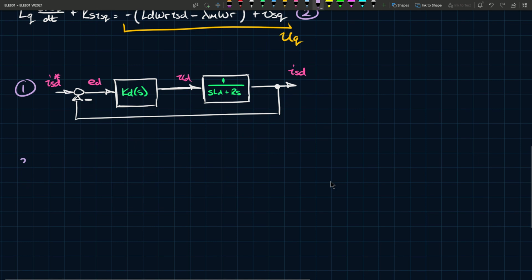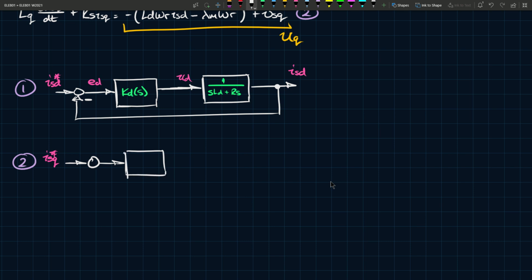Now, part 2, or equation 2, you can do the exact same thing, but in this case you'll start with ISQ, right? So I guess at this point the cat's out of the bag. We already know what's happening here, so we can say ISQ will go into some comparison, basically a sum block or difference block, depending on which way you like to look at it.